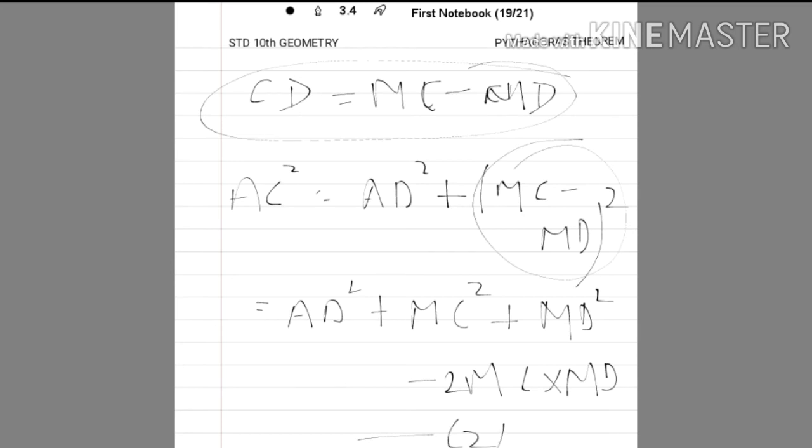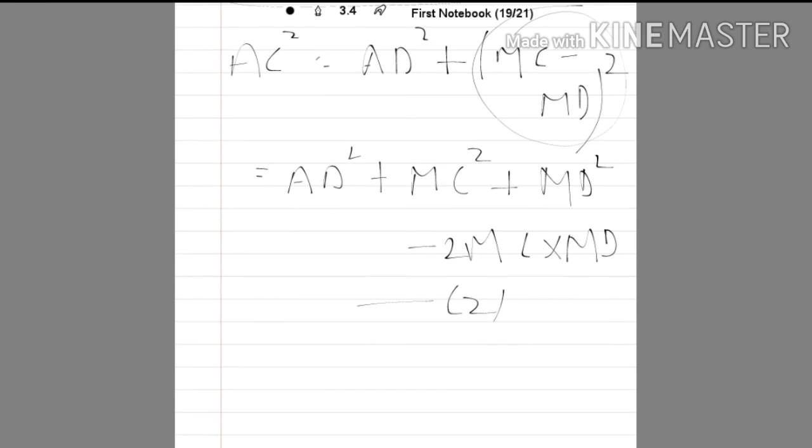Now we got the values of AB square and AC square. Just what we have to do is add equation 1 and 2.